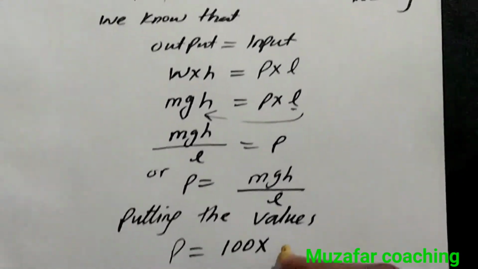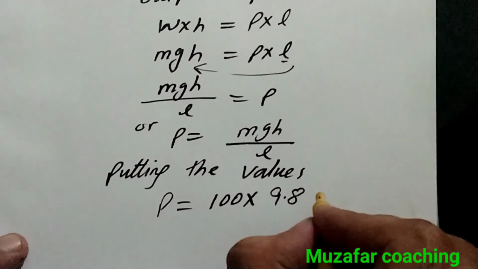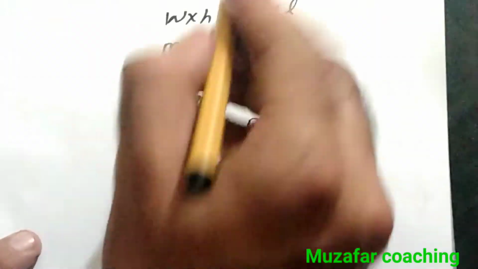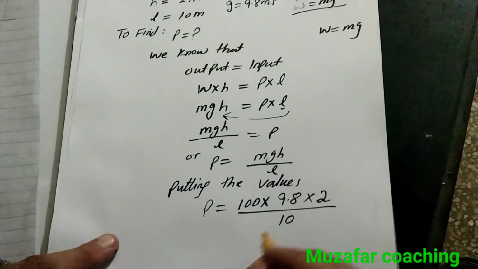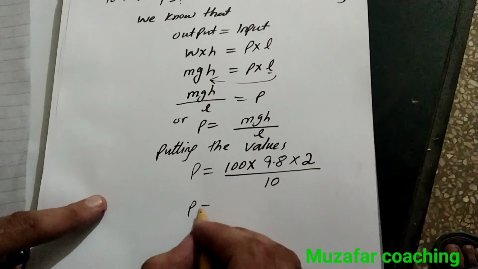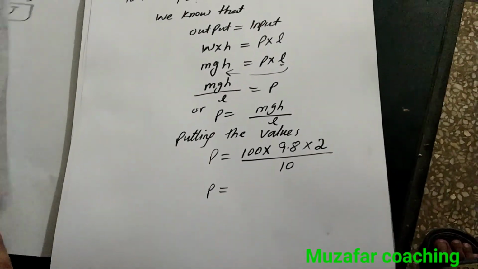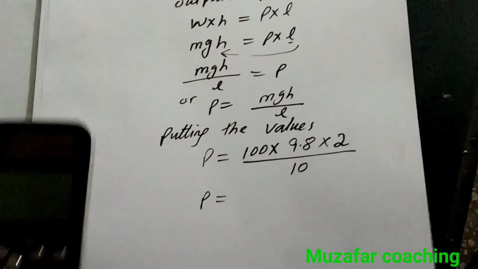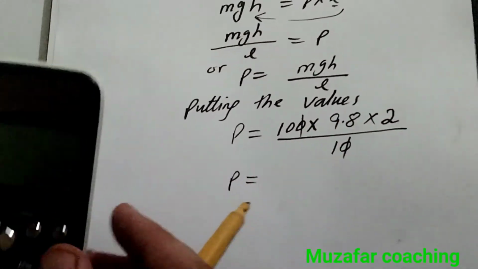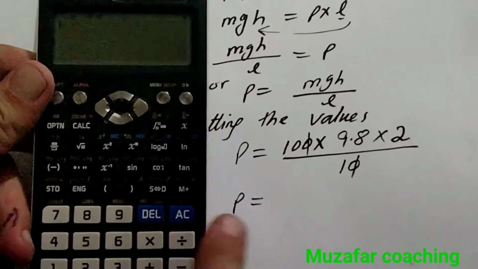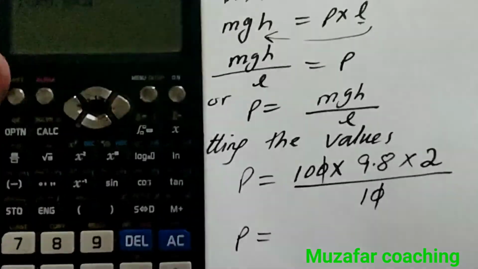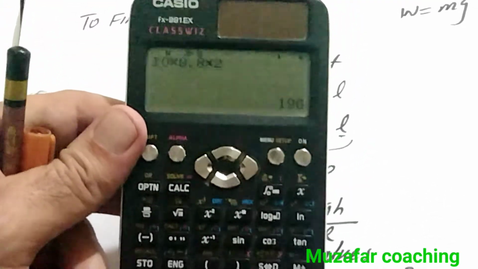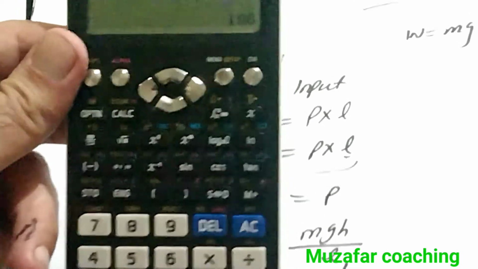So I'm putting 9.8 multiplied by H, which is 2, and L is 10 meter, so I'm putting 10 in place of L. The final target is to calculate the values. 0 will be cancelled with 0, and calculating 10 multiplied by 9.8 multiplied by 2, I got the answer, that is 196 Newton.